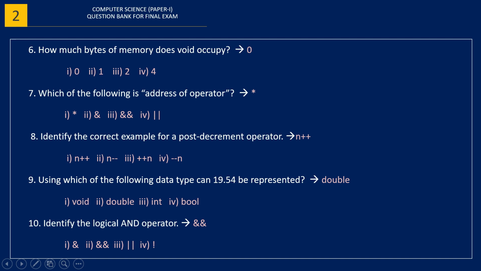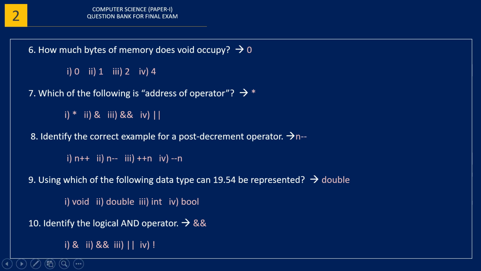Which of the following is the address of operator? Star or asterisk is not it; the single ampersand is the address of operator. Double ampersand is used for AND, and the last one is the OR operator.